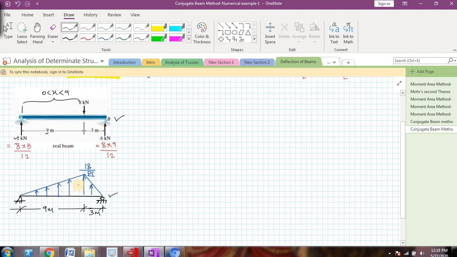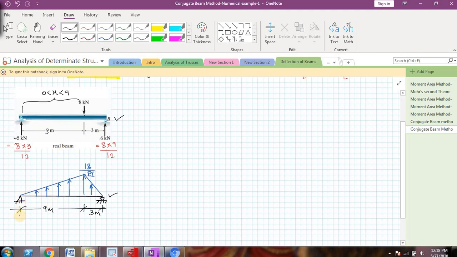Now we need to see this conjugate beam and check where the shear becomes 0 on the conjugate beam and find out that location, and that location is nothing but where the slope on the real beam becomes 0, or I can say the maximum deflection occurs.